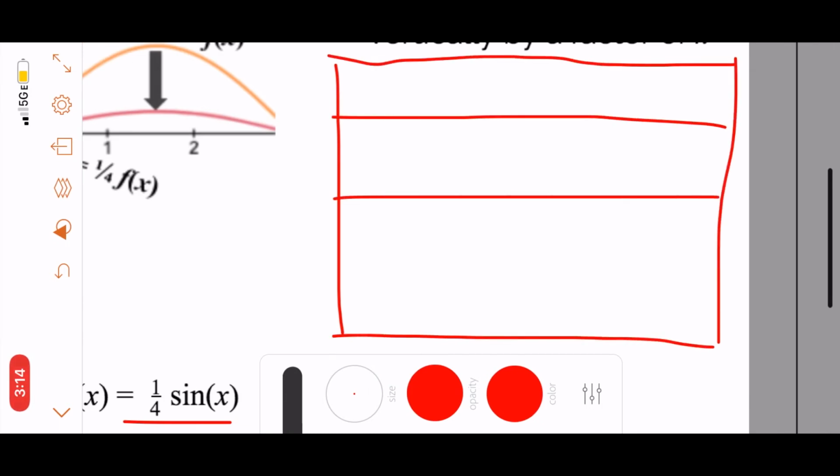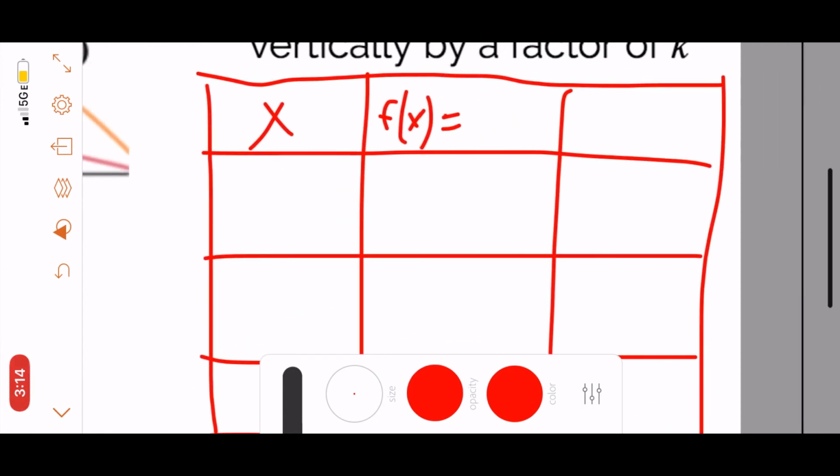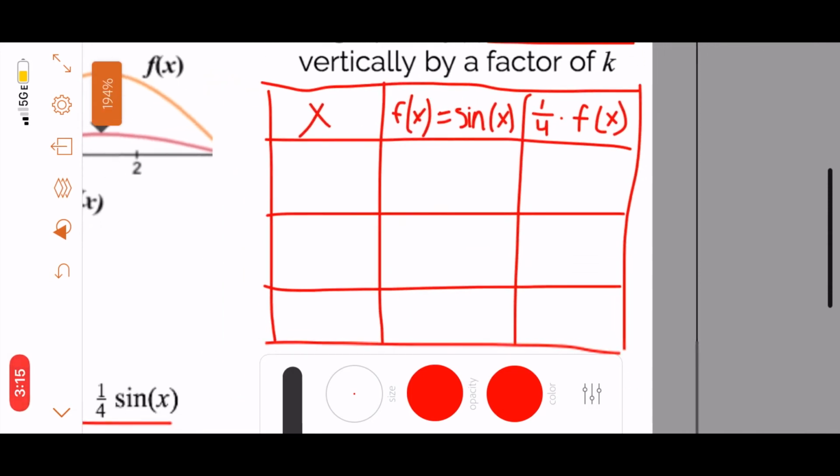So really quickly here, again, I'm drawing my input-output table. Up at the top I have x, my input, and then my output for f of x, which in this case is sine of x, and then my compression, or my squish, which is 1/4 times f of x.